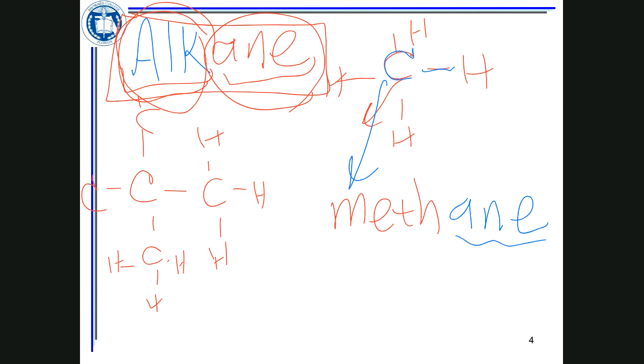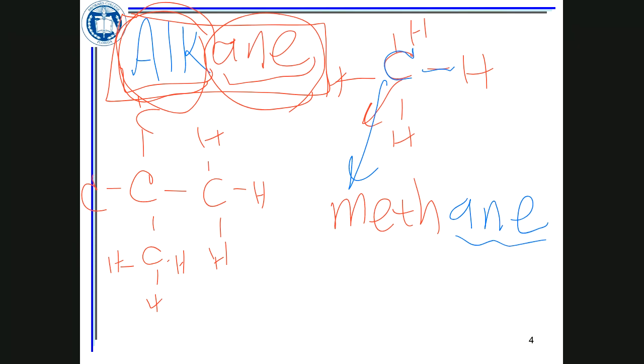It must have 4 bonds, so we are going to have 4 hydrogens single bonded to carbon. So CH4 is the first member of the family of alkane, which is the first family of hydrocarbon we are talking about.